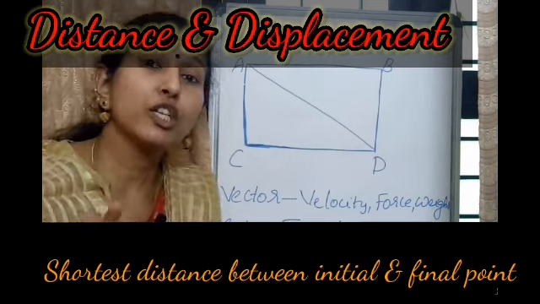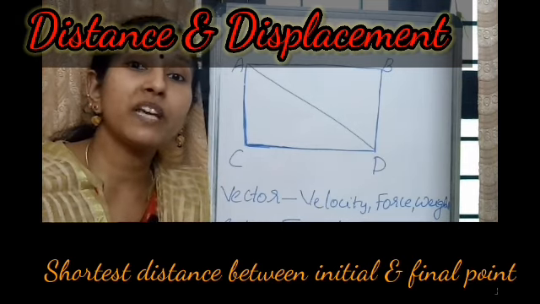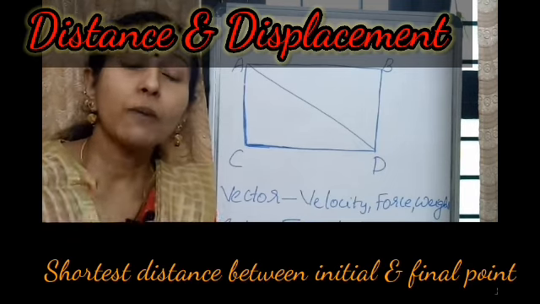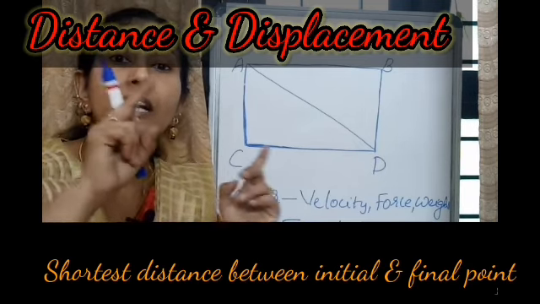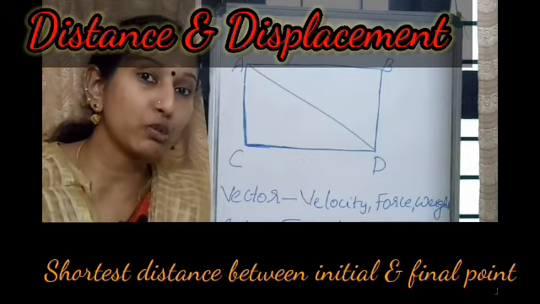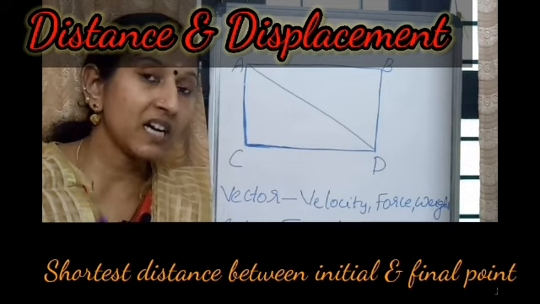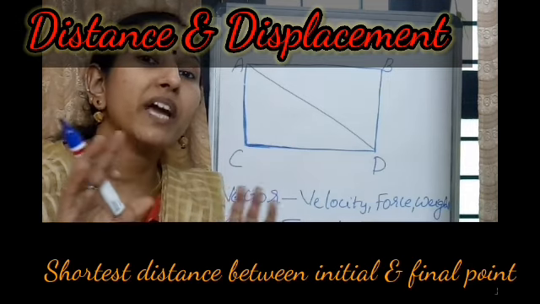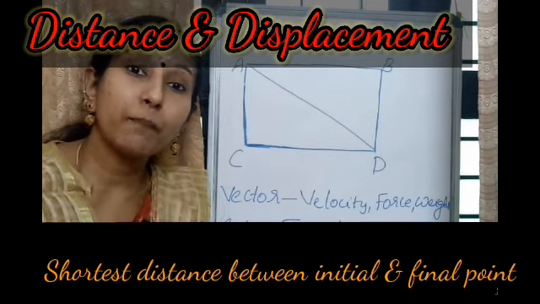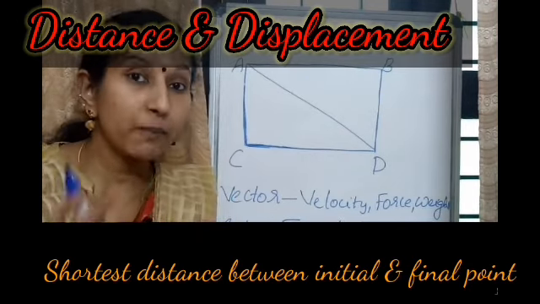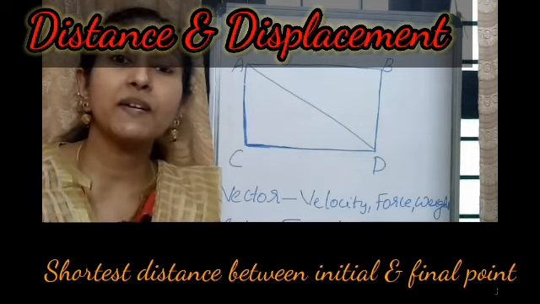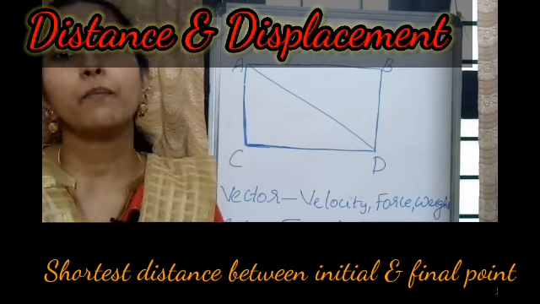Displacement is the shortest distance between the initial point and final point. So what is the main difference between these two? Distance is the total path covered by an object. Displacement is the shortest distance between initial and final positions.